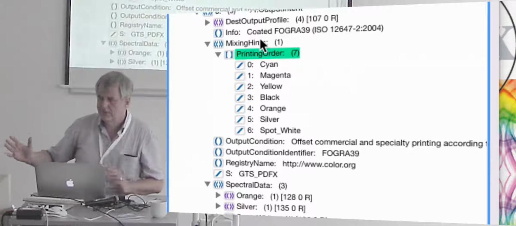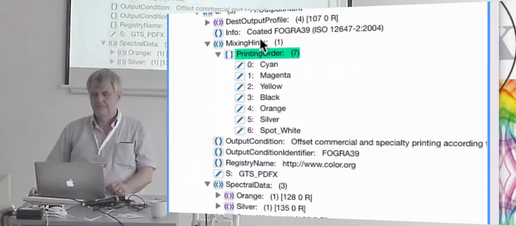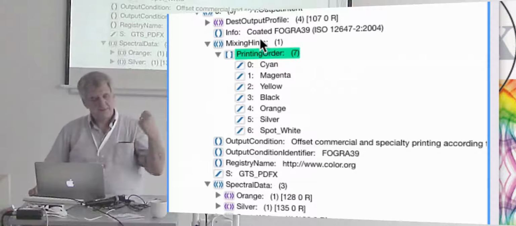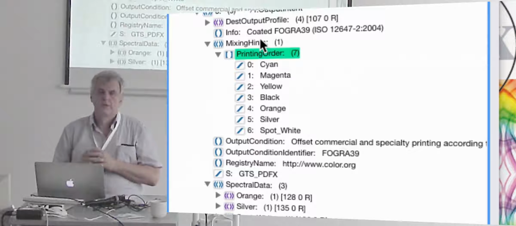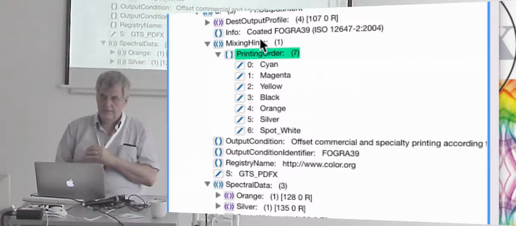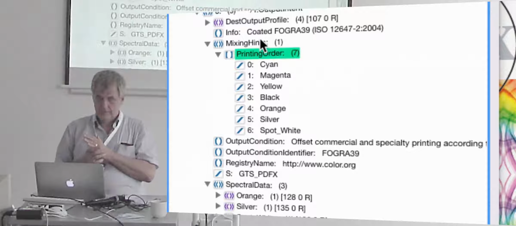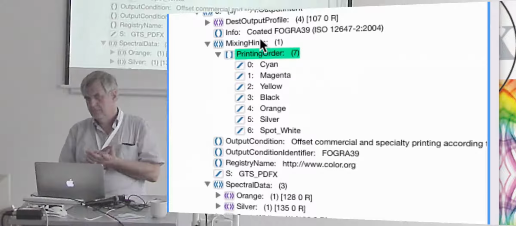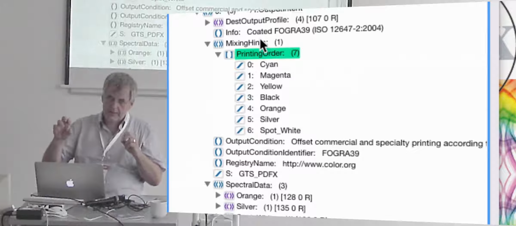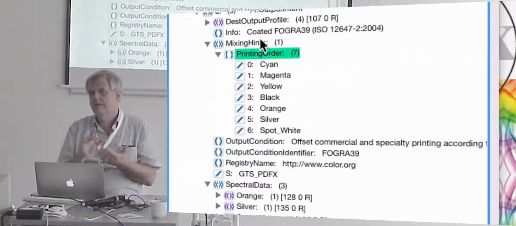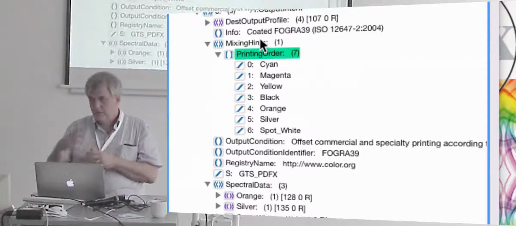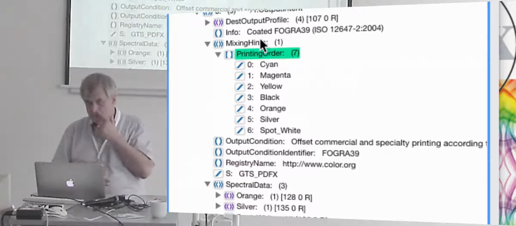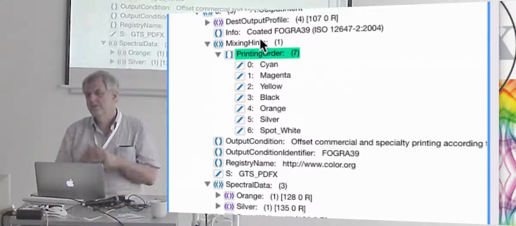I'm not so sure anymore about digital. And the other bit, which is missing in this case for a reason because we have the spectral information, is that you could also have solidities for each ink. Solidity implies how transparent it is. Silver would be a very solid ink because it's hardly transparent. And if the solidity is relatively low, like for yellow, which is highly transparent, then the solidity value would be relatively low.